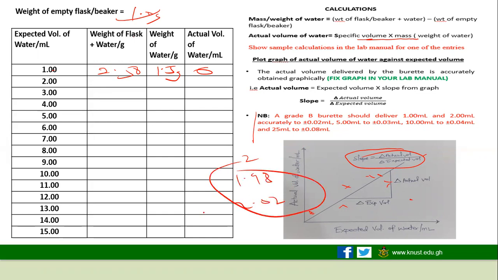If it falls outside this range, you are not grade B. It follows 5 mils should be to an accuracy of 0.03, 10 mils should be to the accuracy of 0.04, 25 mils should be to the accuracy of 0.08 mils. Are we following? Good.